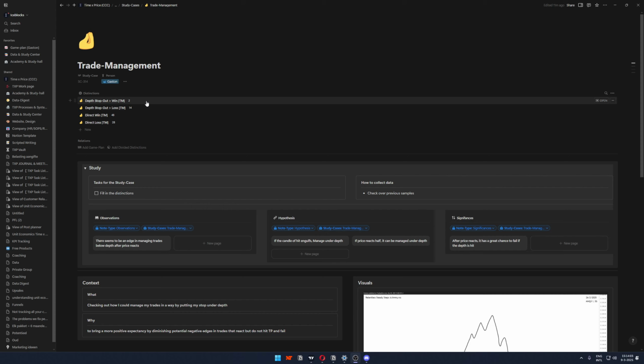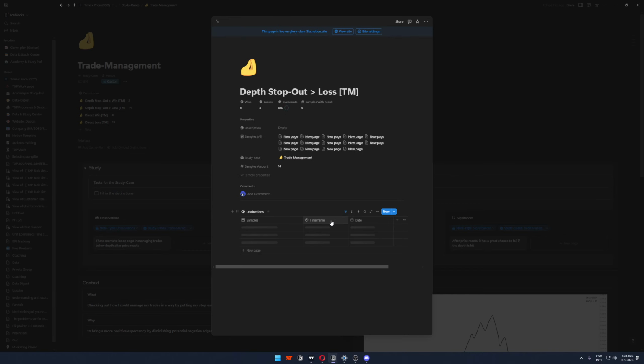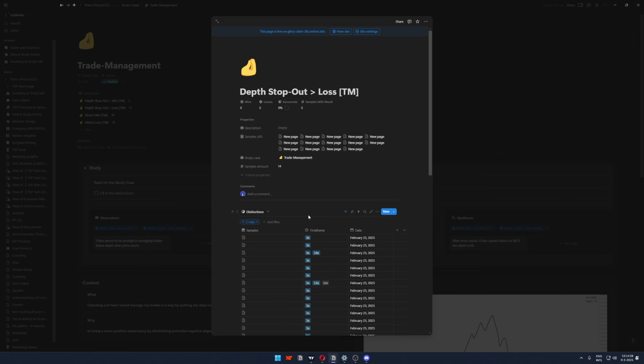So we have to balance out the mental and emotional weight of executing this against the real expectancy of these behaviors. And to find out the depth stop out win and loss, I have to collect more examples for it to be convincing. As I can show you in this example, for the loss, I can mark out the distinctions table.